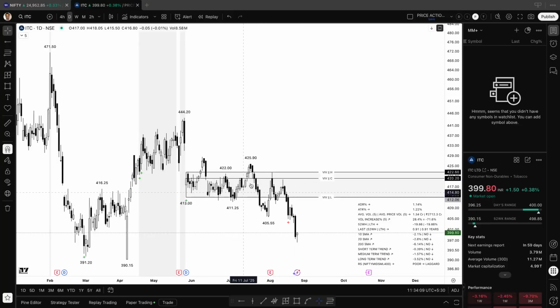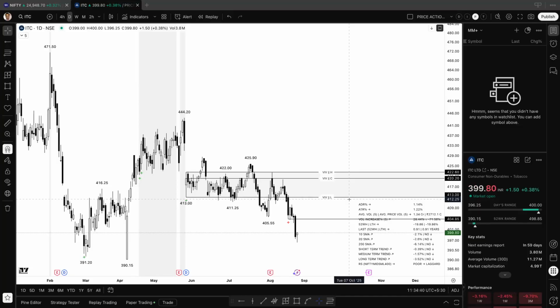If you already have a position or you want to buy it, you can look into these zones and see how price is reacting. If I have to buy it, I will see how price reacts. Maybe if I have to take a position, I will wait for this reversal, and then I can take profits here, because I know now the VIV zone will work as a resistance.